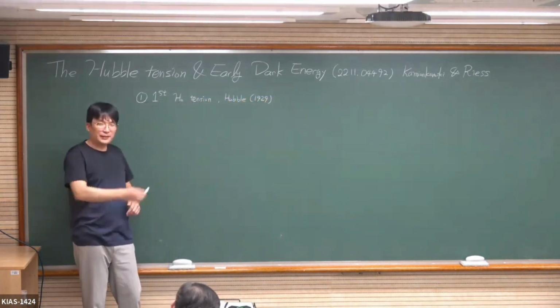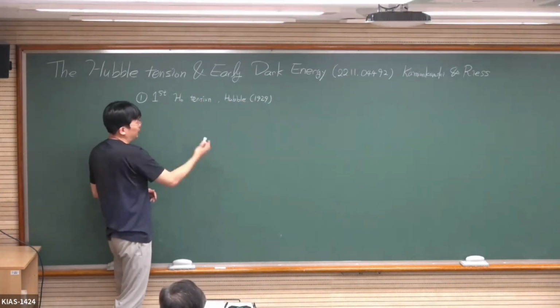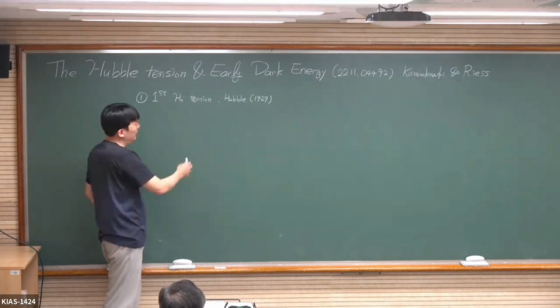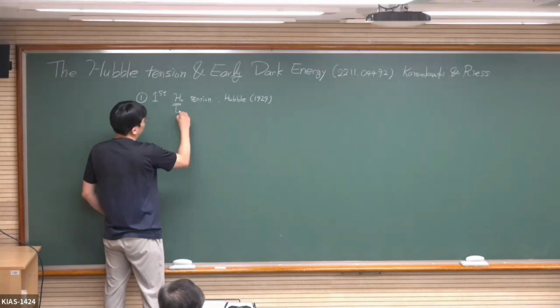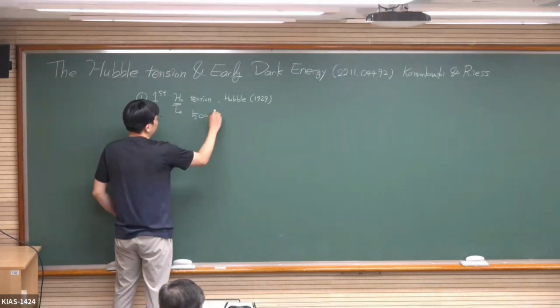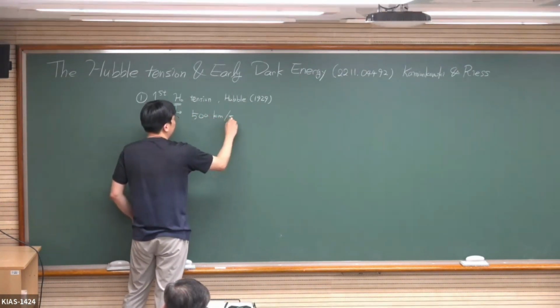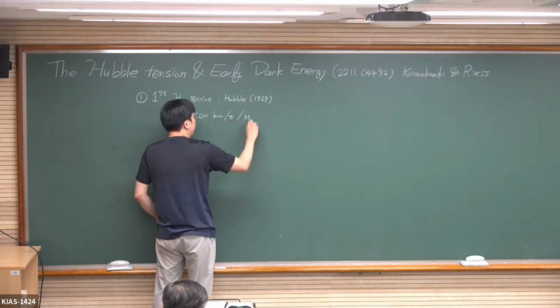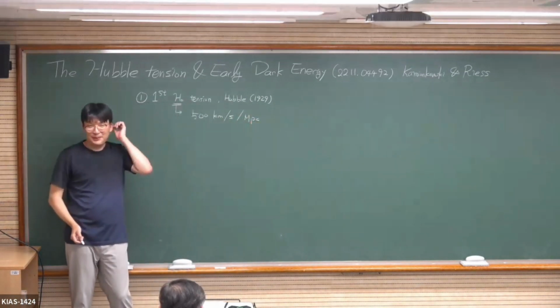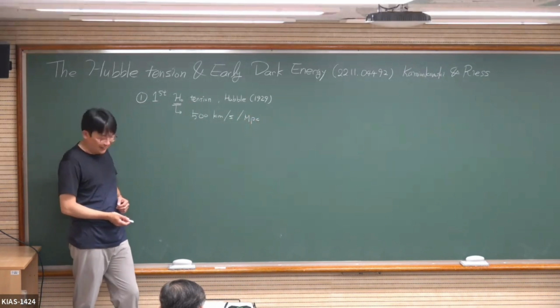If you look at the slope of the relationship between distance and redshift, the Hubble constant value is about 500 kilometers per second per megaparsec, which is pretty high, right?